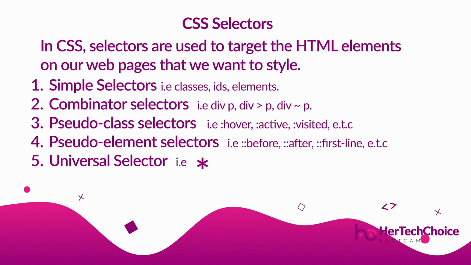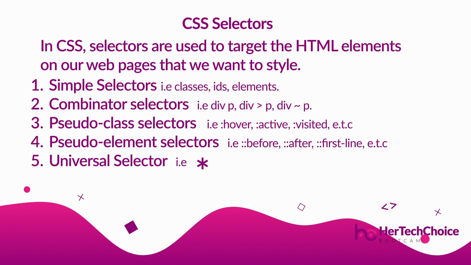The next type of selector is the combinator selector, and this allows you to combine two or more simple selectors to get one selector. This is done by using combinator signs. The type of combinator sign that you use will determine the relationship between the two simple selectors.